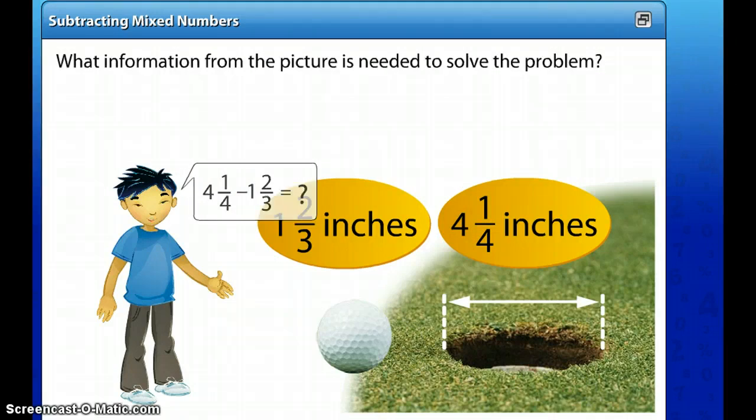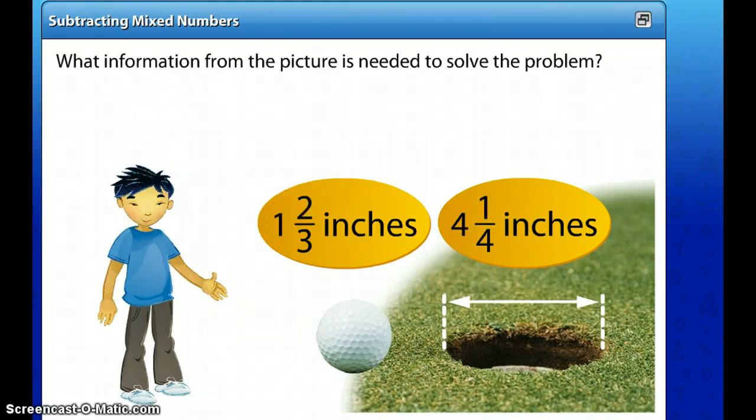What information from the picture is needed to solve the problem? Gabe, what do we need here? Do we need the diameter of the hole? Yes. Do we need the diameter of the golf ball?